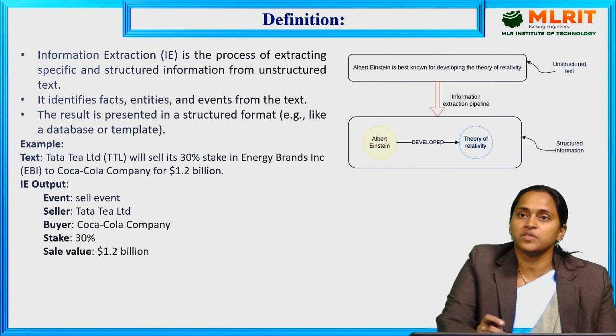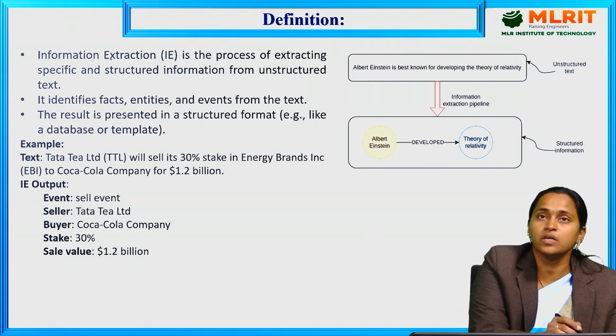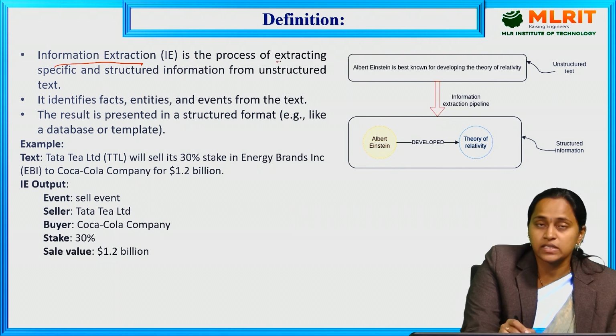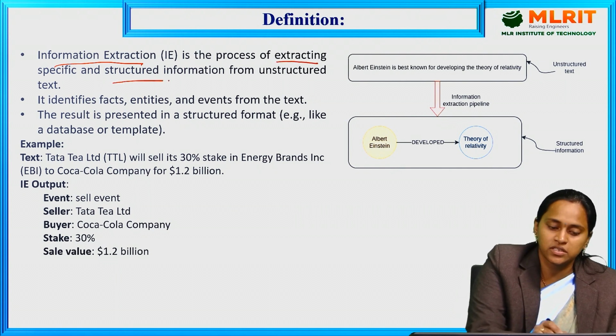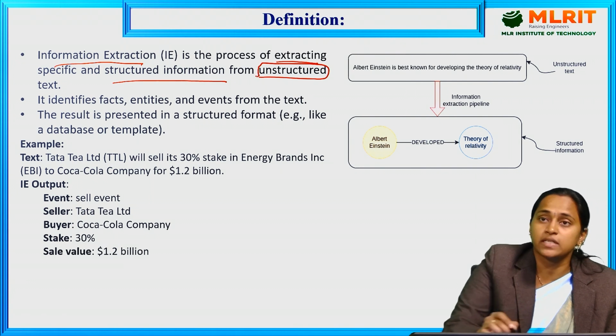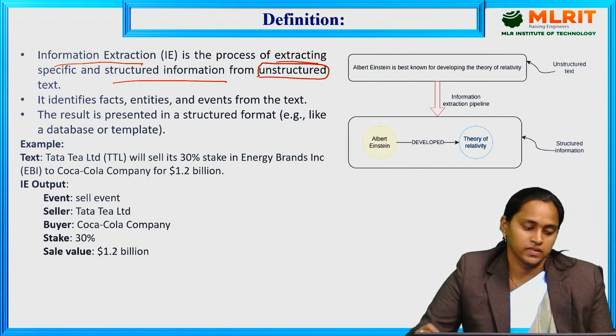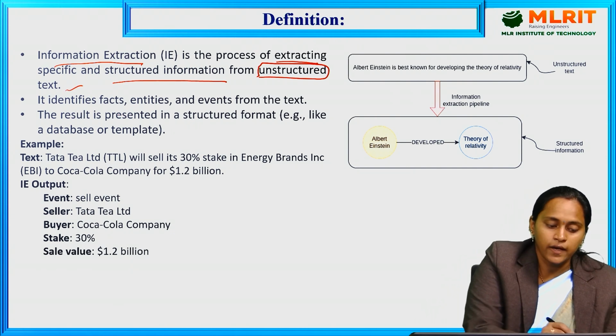Coming to the first one, what is the definition of information extraction? It is a process of extracting specific and structured information from unstructured text. That means we are extracting data from unstructured text into structured form. It identifies facts, entities, and events from the text.